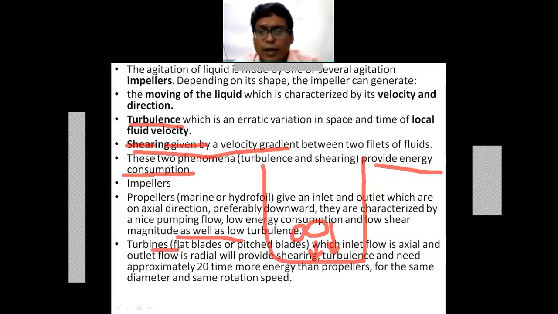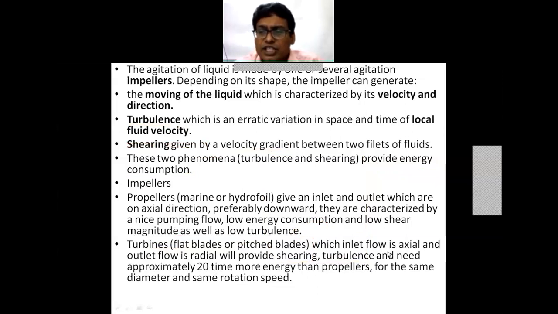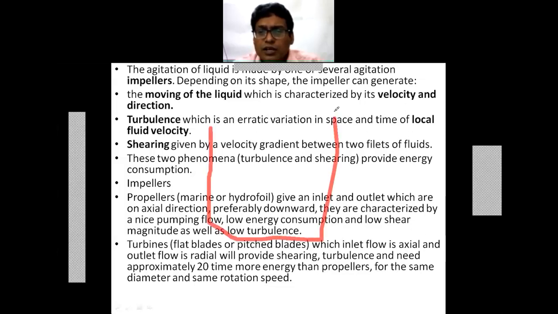In the case of turbine impellers, the inlet flow is axial and the outlet flow is radial. So both directions are developed in the case of turbine impellers, in a radial direction as well as in an axial direction.